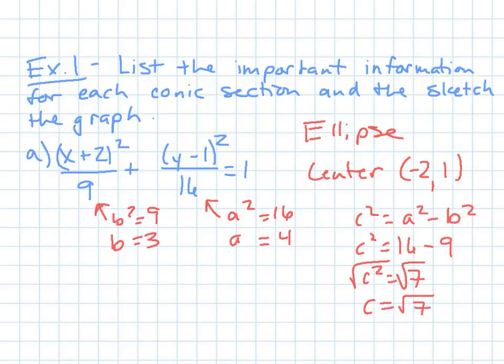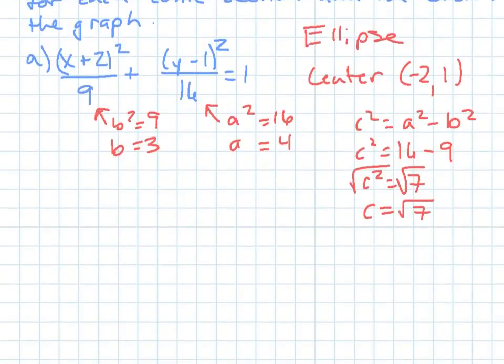Now, because you are changing the center, that also means that you need to change all your other stuff. Instead of where you have 0 for your stuff, let's go back.